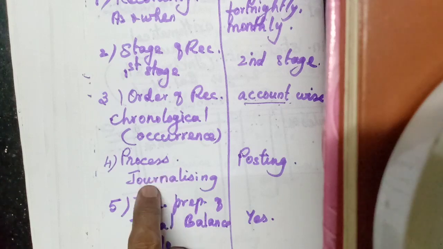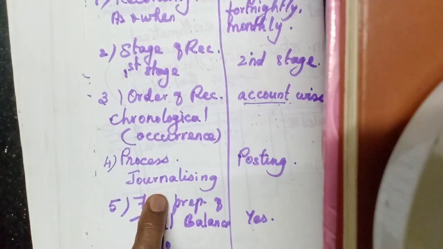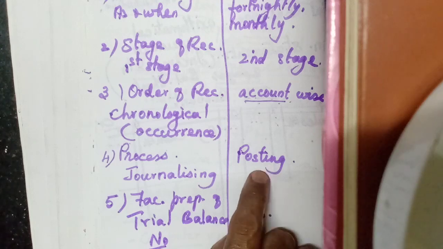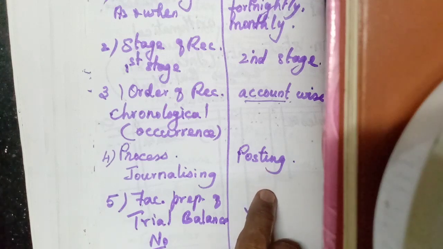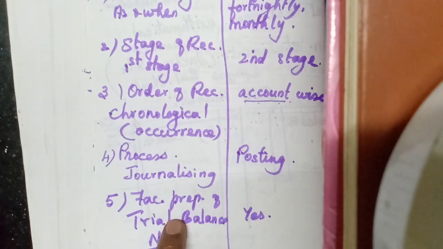Then the fourth one, process. Preparing a journal entry is called journalizing. The process of recording in the ledger account is called posting.